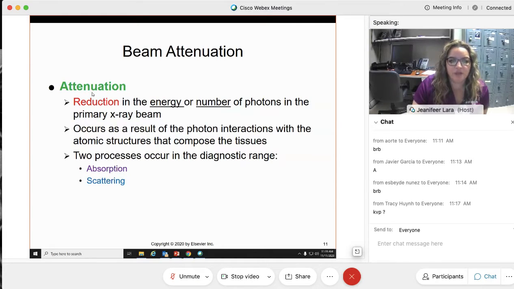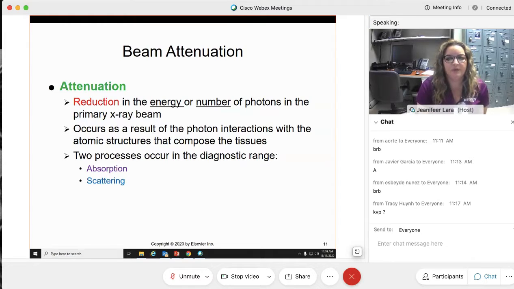So when does attenuation happen? It only happens inside of matter. It only happens when the photons go through an object. So please, please, please, I should have put about 1,000 stars on this slide. So imagine that there are about 1,000 stars on this slide.